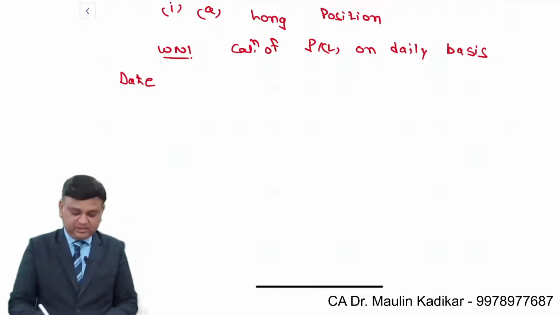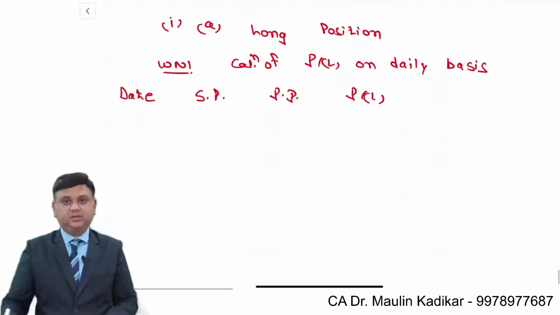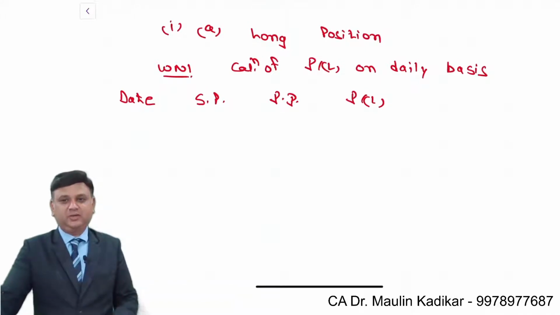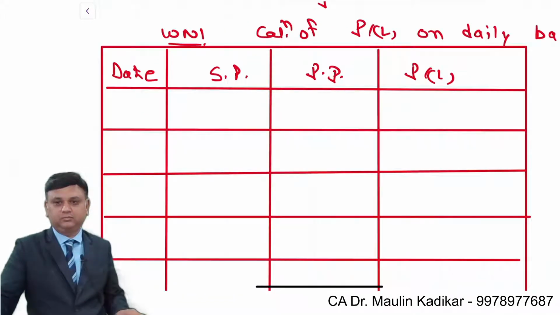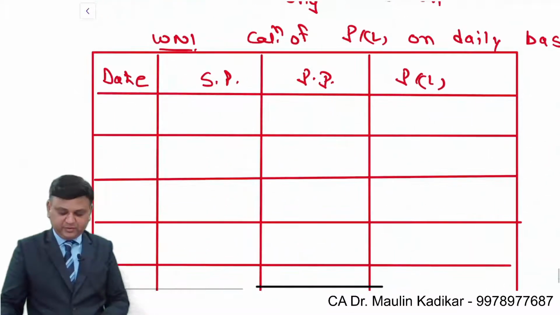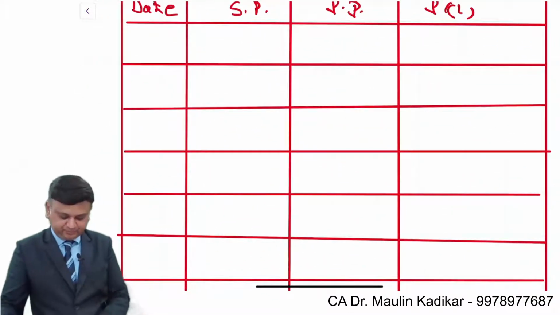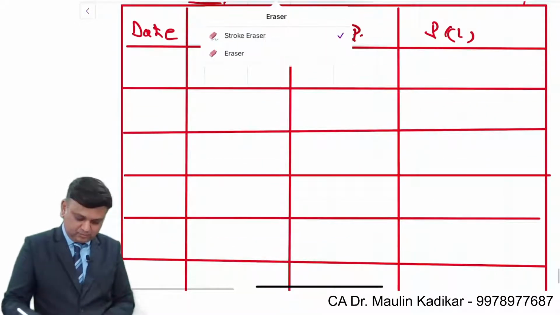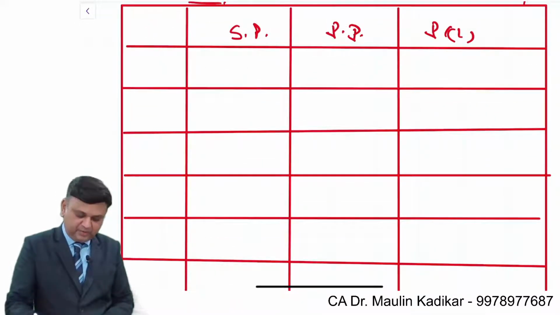First column is date, sale price, purchase price, profit loss. Try to complete it on your own. Let us see the calculation of the profit or loss on daily basis. We have been provided with the information about the 5 days.